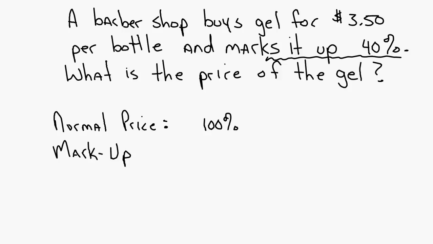That's how you make money. You buy something for $3.50, you mark it up, and you sell it. And the difference that you sell it for is your gross profit. So you're going to mark it up 40%, so you're going to add 40%. So when we're dealing with the price, what are we looking for? What's 100 plus 40?